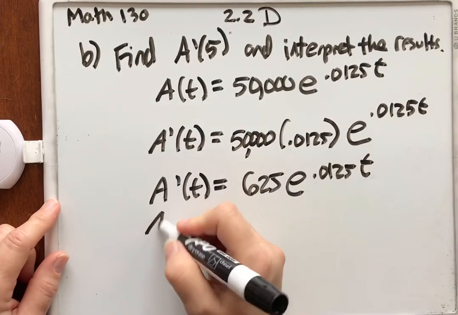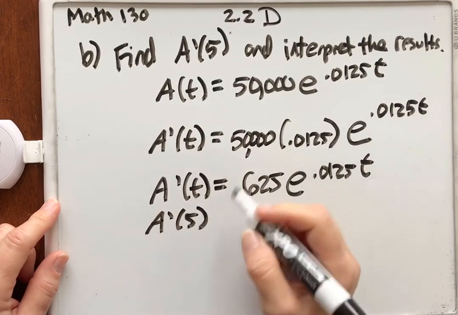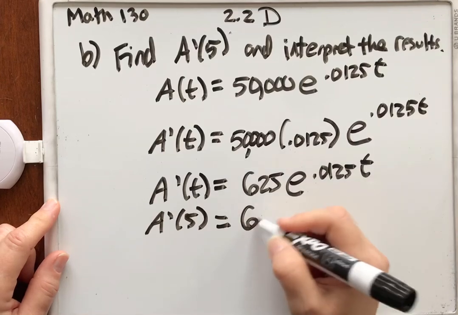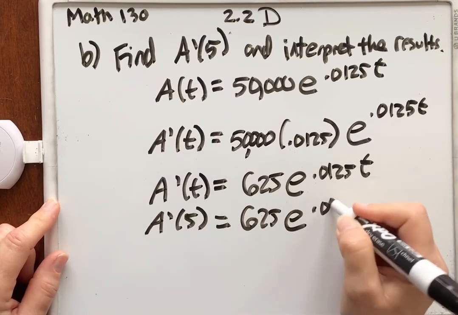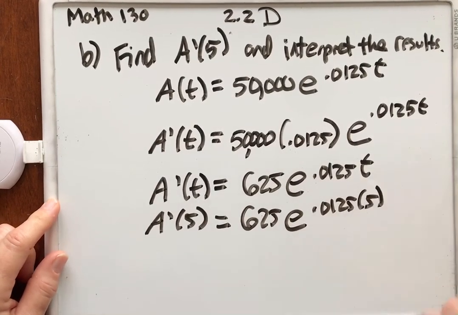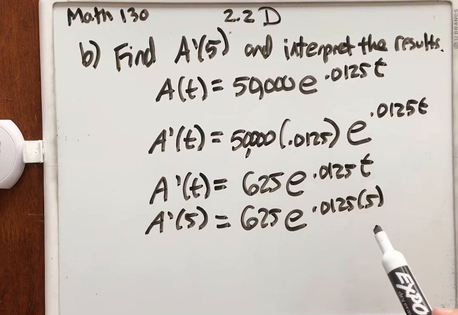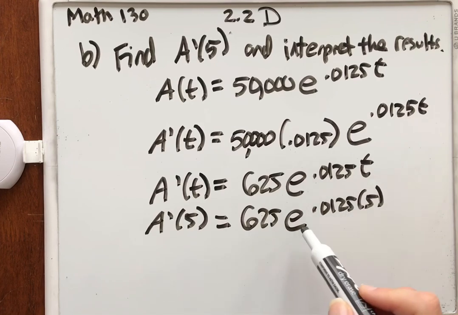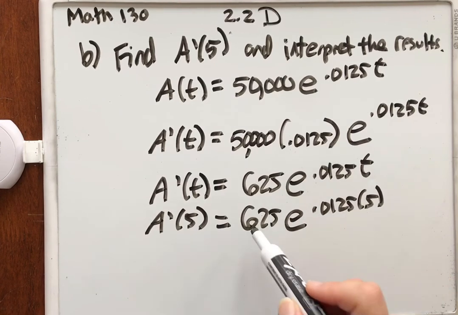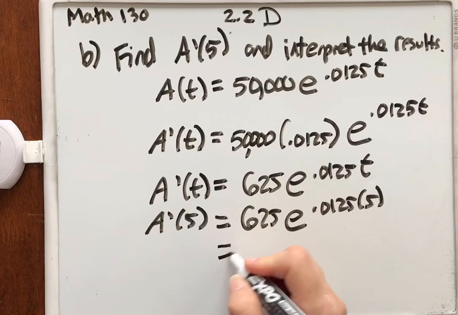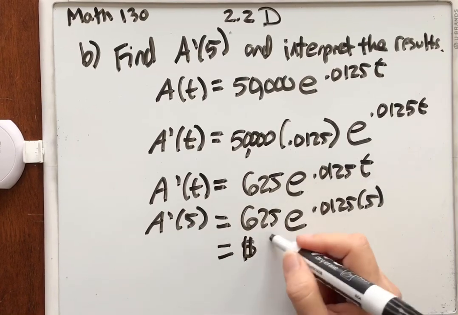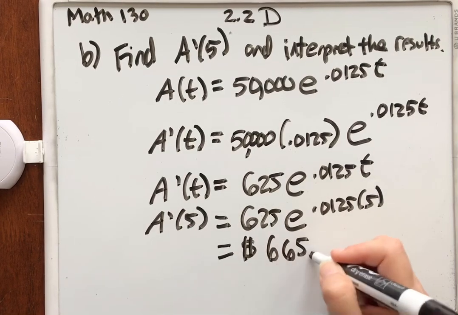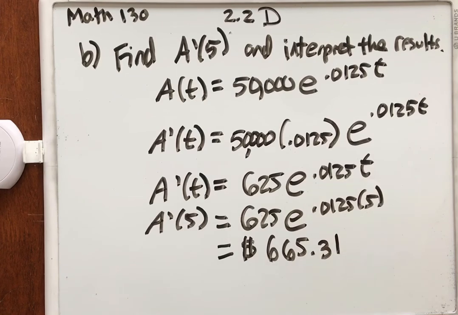Now we're going to put a 5 in there, A prime of 5. In our calculators, 5 times 0.0125, we take e to the x, times 625, and we get $665.31. Now what does this mean?